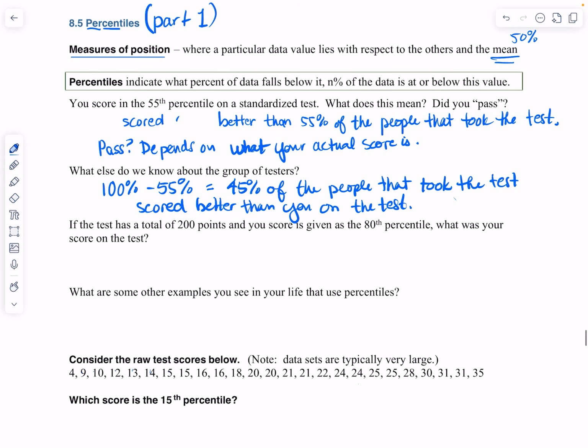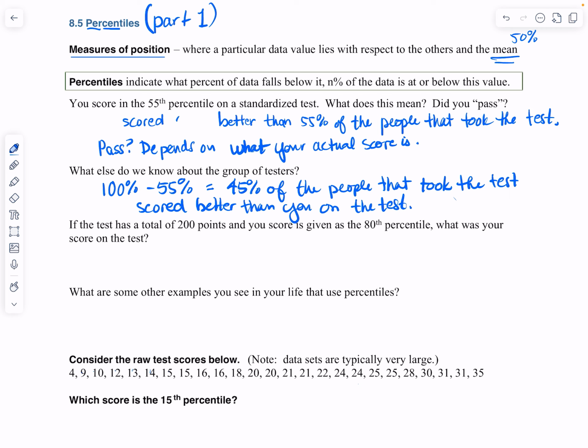If the test had a total of 200 points and your score is given at the 80th percentile, what is your score on the test? I'm not sure what my score is, but I can find where it's at.